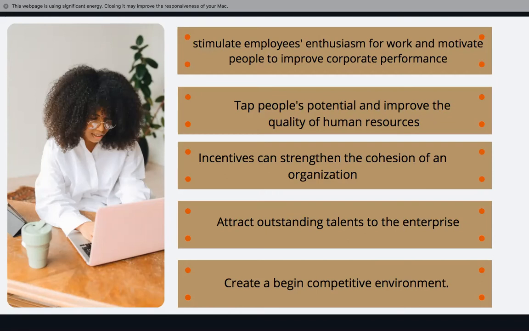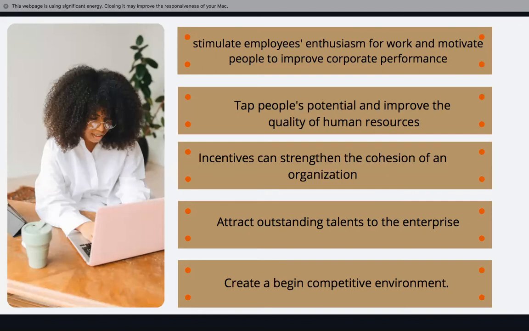First, attract outstanding talents to the enterprise. Many enterprises in developed countries, especially those with strong competitiveness and strength, have adopted various preferential policies, generous benefits, and creative promotion channels to attract talents they need.